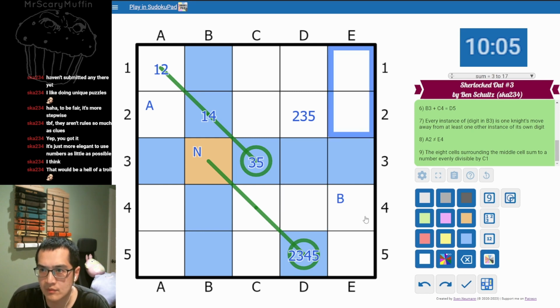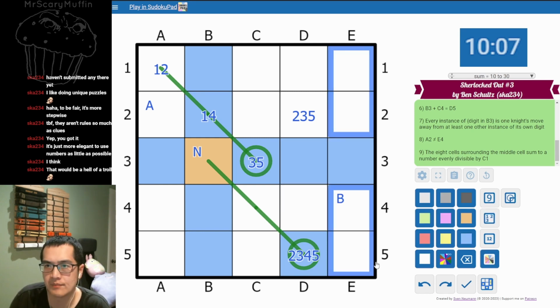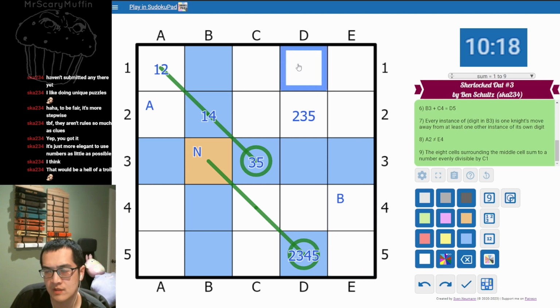The problem for me was, where does this one go, right? Where's its E version go in order to maintain a relationship with something? So if this was N, then all of its knight's moves are locked out. So this can't be N.